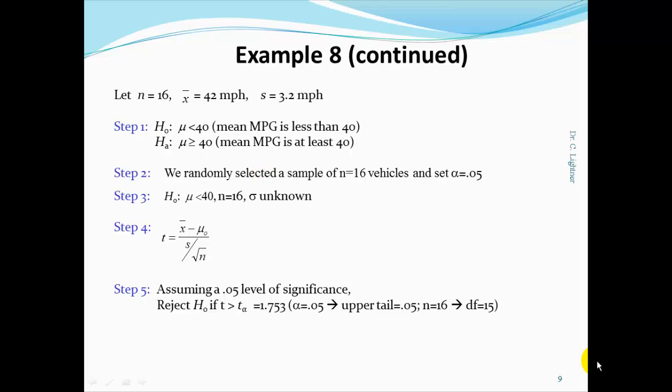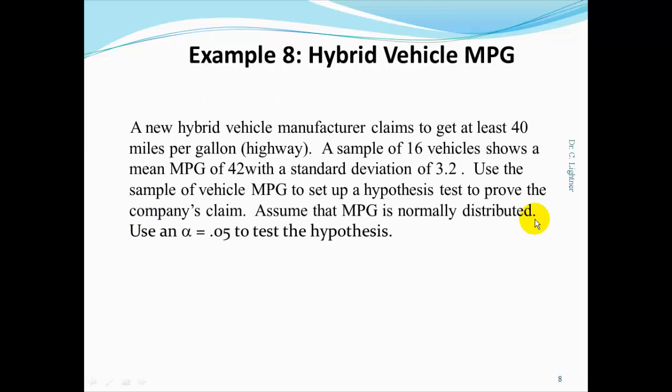Whenever you have a small sample case with n less than 30, you should always go back to the original problem and make sure that the population is normally distributed. Remember, for a small sample case, we must know that the population is normally distributed in order to apply the formulas.